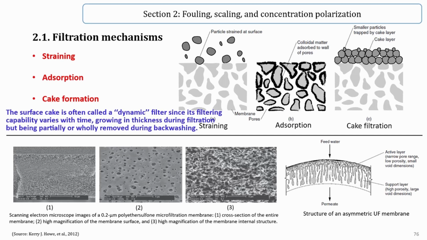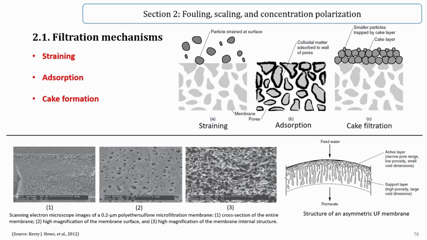The surface cake is often called a dynamic filter since its filtering capability varies with time, growing in thickness during filtration but being partially or wholly removed during backwashing. While this cake can improve membrane filtration performance, it cannot be relied upon since it is removed with every backwash.